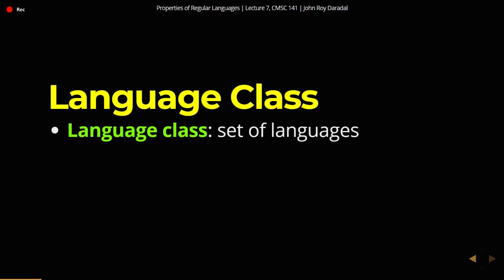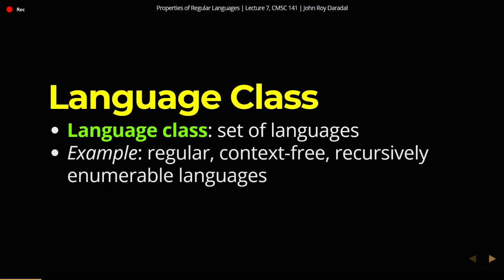So we do this for something called a language class, which is simply a set of languages. Well, we have already seen one language class so far, which is the regular languages. So that's what we've been discussing so far. Now, after regular languages, in our second set of topics, we will discuss context-free languages, and then after that, we'll discuss recursively enumerable languages.